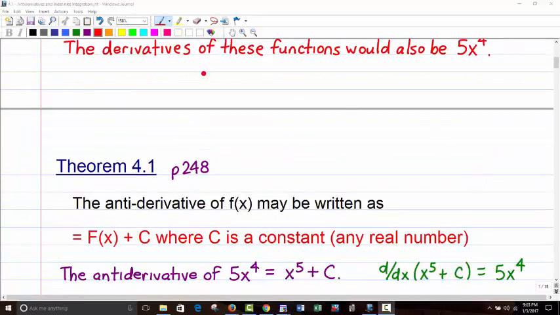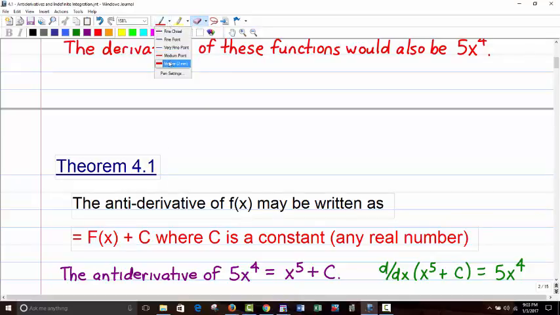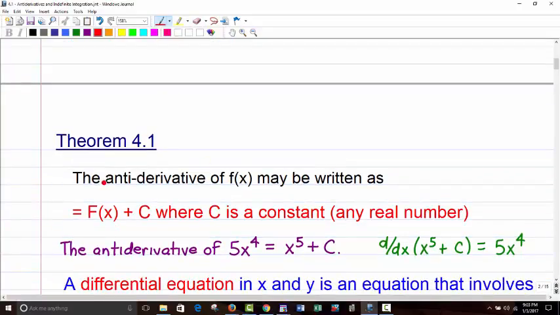Now, here's a theorem we'll use. This says the antiderivative of f of x may be written as big F of x, the antiderivative function, plus c, where c is there to represent an arbitrary constant value, essentially any real number, like those two examples I showed you before, and where they would be the same derivative.